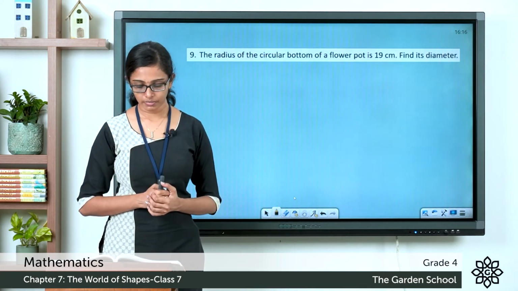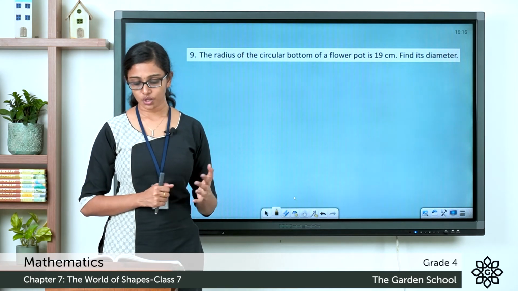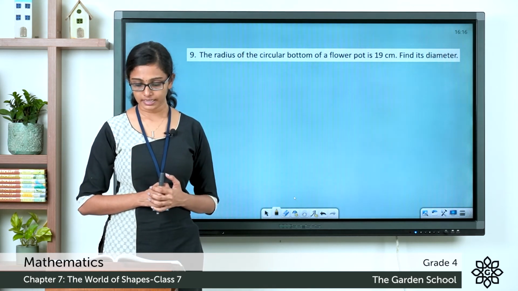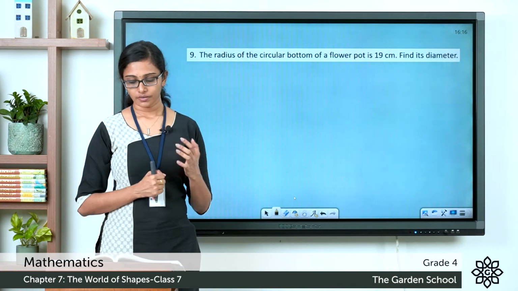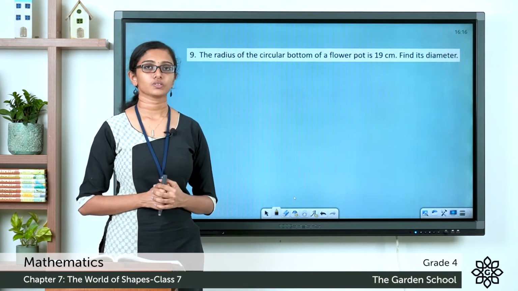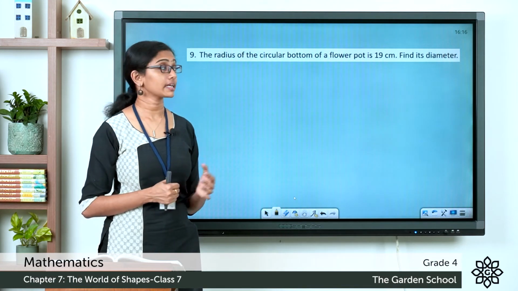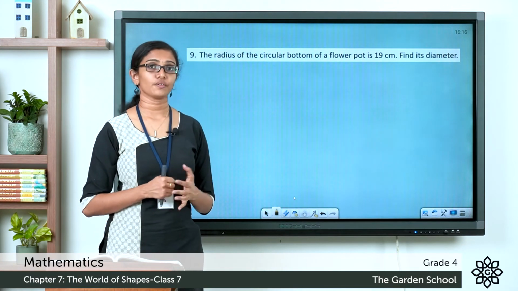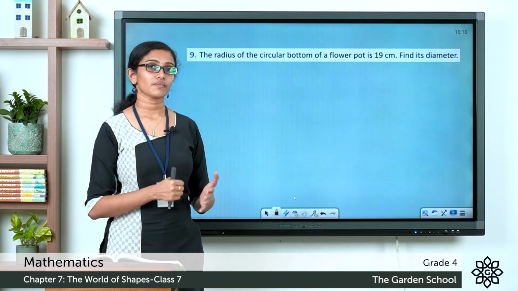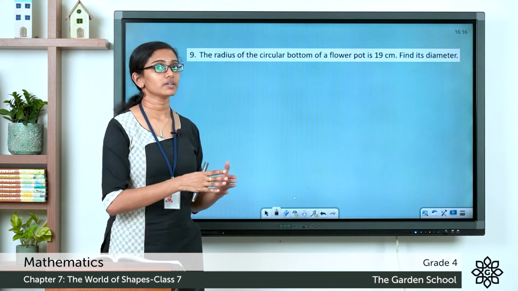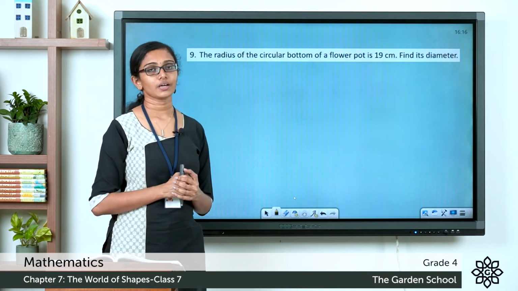We have a word problem here. The radius of the circular bottom of a flower pot is 19 centimeter. Find its diameter. So you are given the radius of the base of a flower pot and it is 19 centimeter. You have to find its diameter. We know the diameter of a circle is equal to twice its radius.